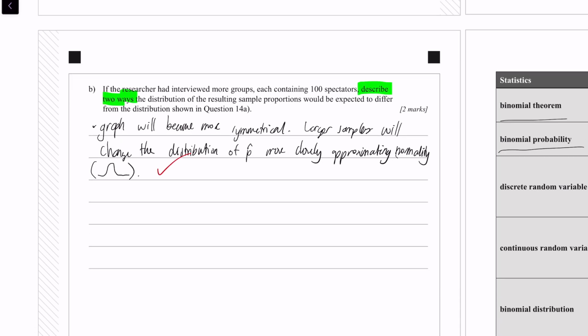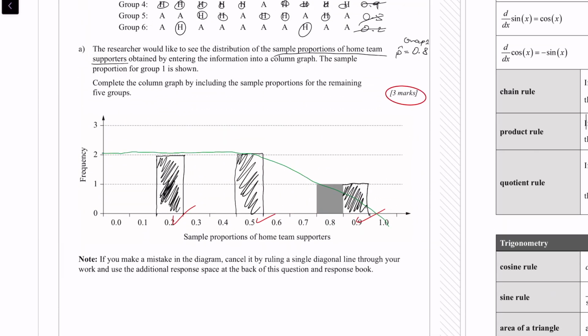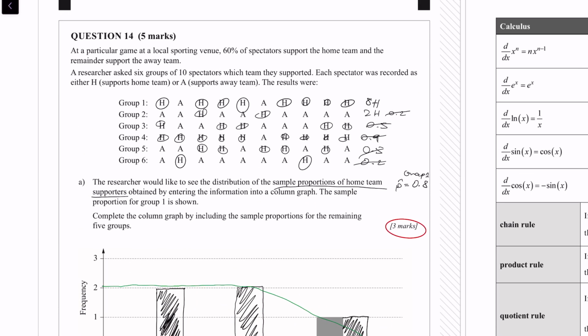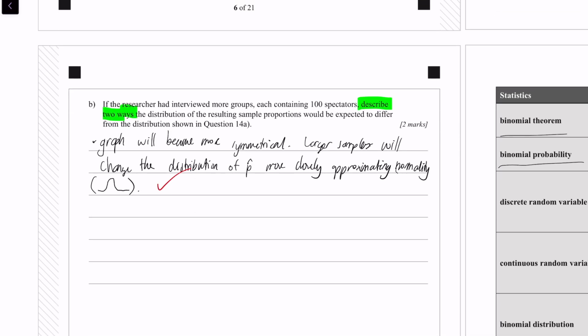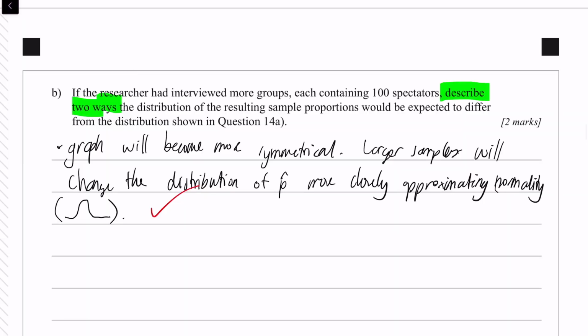All right, but a symmetrical graph would have say 0.6 as the mean. So I could probably add here that it will be more symmetrical about the population proportion. And the reason I say 0.6 is because it's in the question.